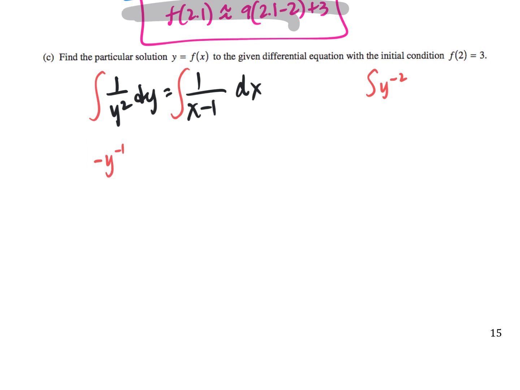Yeah. Antiderivative of 1 over x minus 1. Anytime that variable is to the first power in the denominator, it's always natural log. ln of x minus 1. What am I missing? Nice.